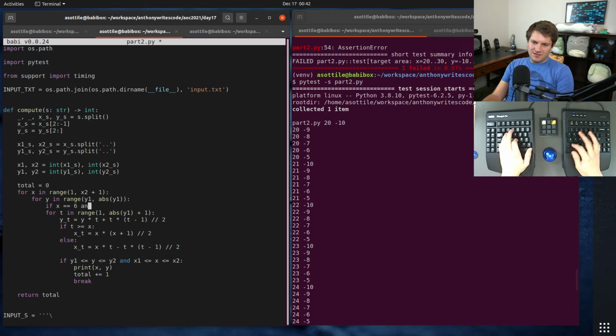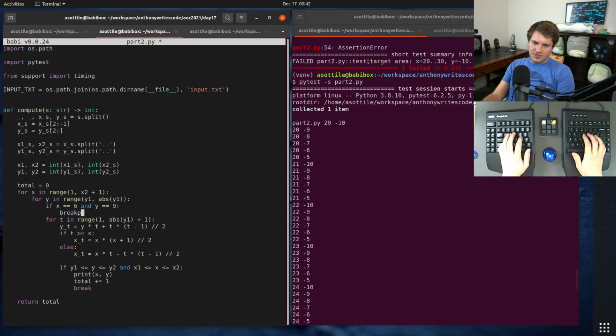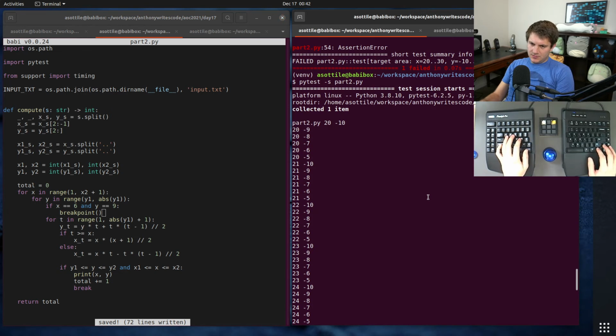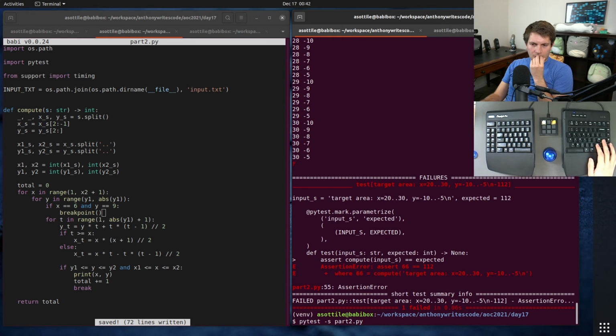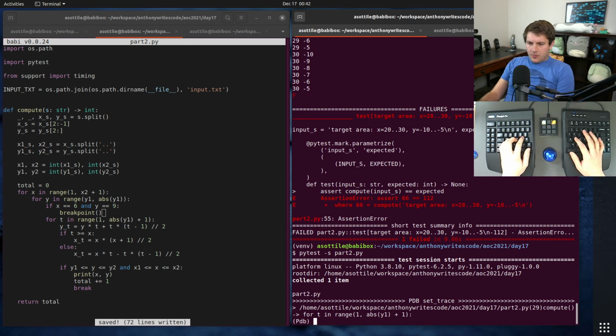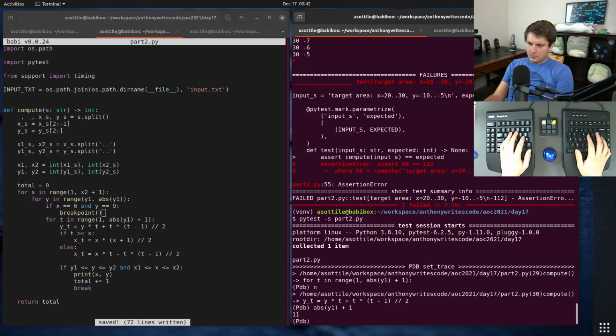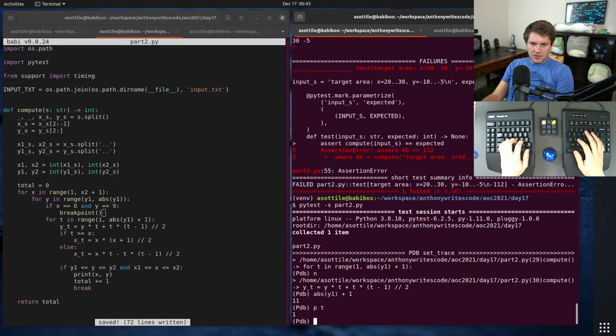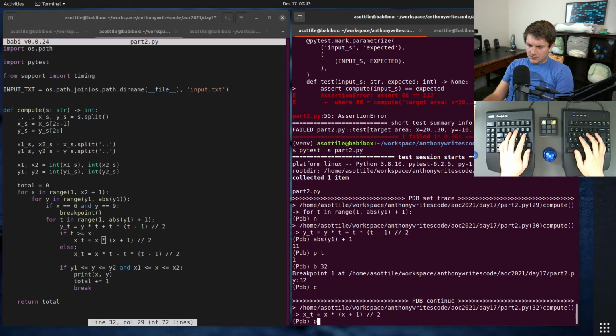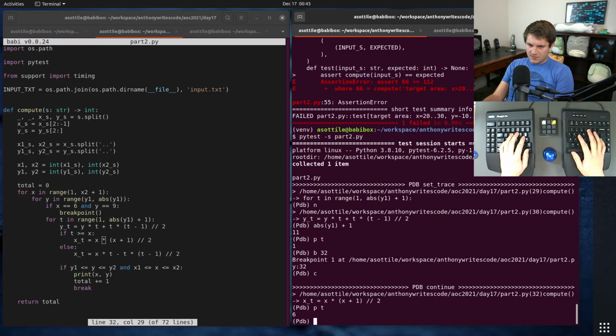If x equals 6 and y equals 9, then we will break a point. Okay. Let's put a breakpoint here. E of 6.